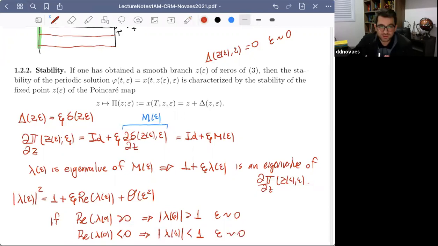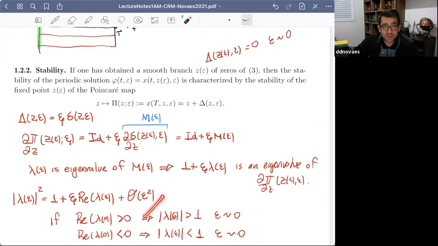I'm not going into much detail about the stability of the periodic solutions given by the averaging method, for instance, but we can always do something to investigate this stability. This is always the main idea: to use the displacement function to approximate and estimate the eigenvalues of the Jacobian of the Poincaré map.